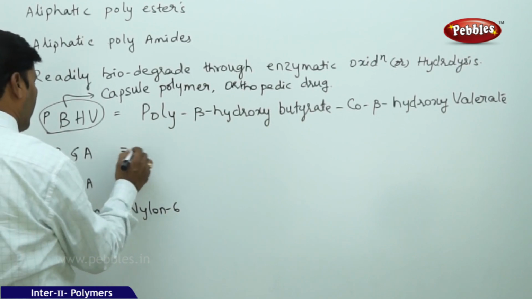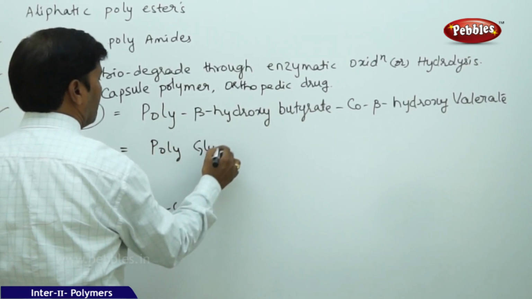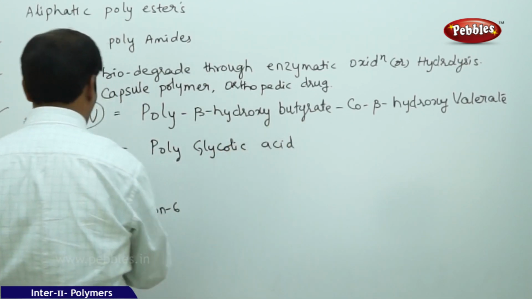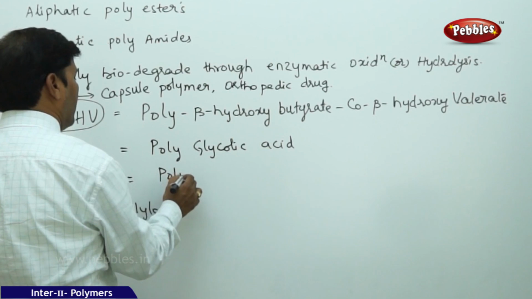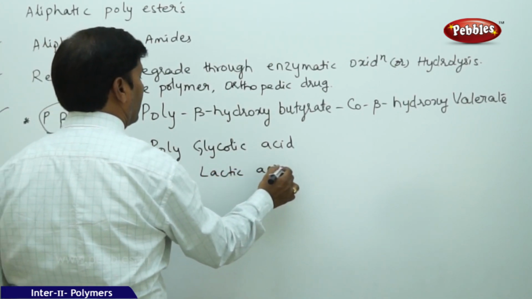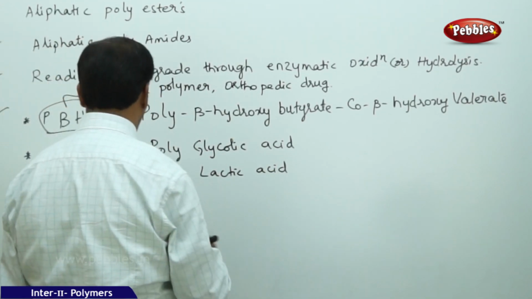Then if you go for PGA, it is called polyglycolic acid, PLA is polylactic acid, and nylon 2 and nylon 6 are also biodegradable polymers.